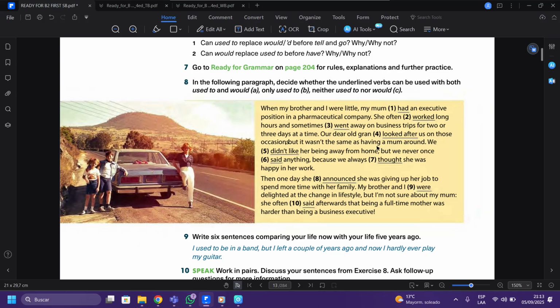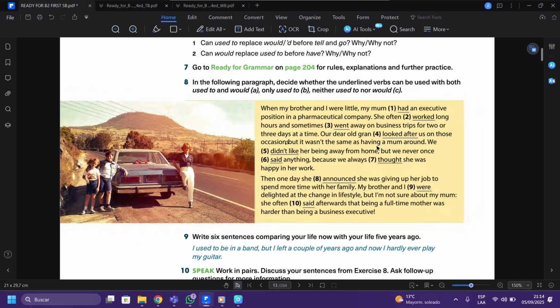Our dear old grandma looked after us. And by the way, this is a phrasal verb. Do you know what it means to look after? Look after is basically to take care. To take care. Yes, to take care. Look after.